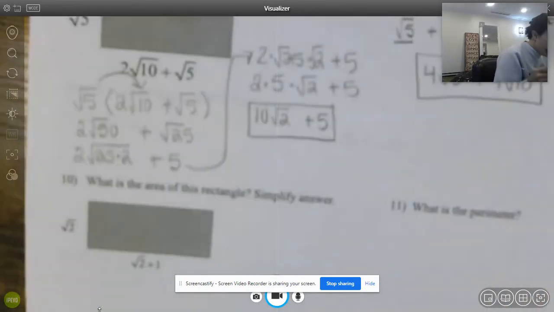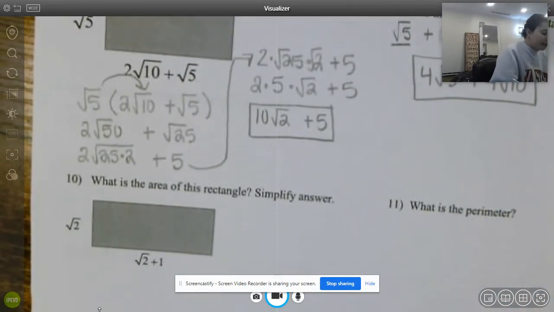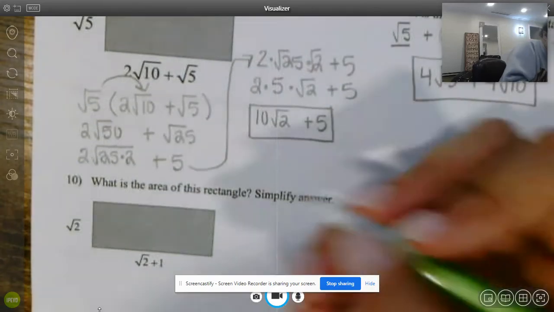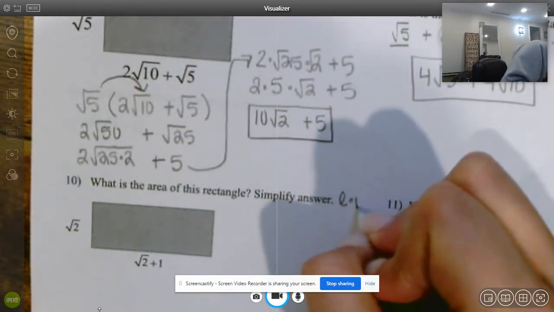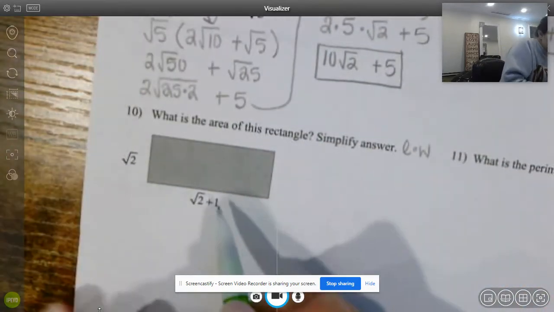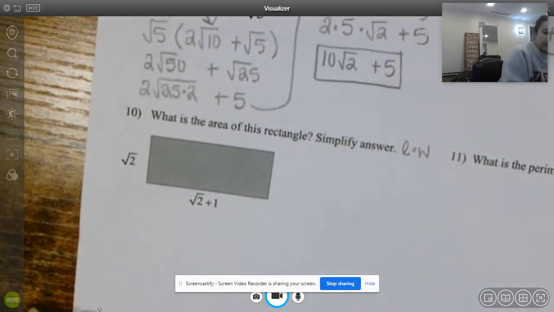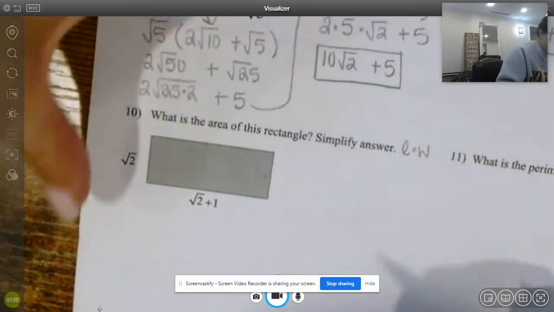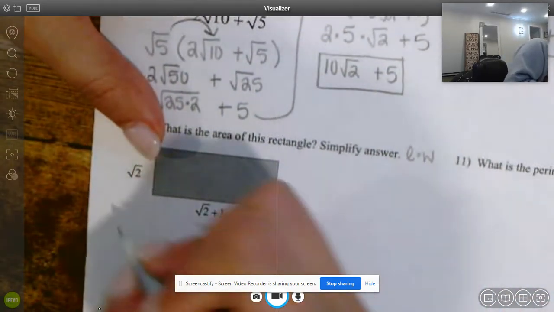Now for number 10. If it's asking for the area of this rectangle, we're still using length times width. So nothing is changing in terms of the formula. But this one's a little different because notice this plus 1 is its own integer. It doesn't have a radical with it. So we're not going to be able to combine it a whole lot with some things if we're talking about adding and subtracting, but with multiplication, we're able to multiply really anything together.